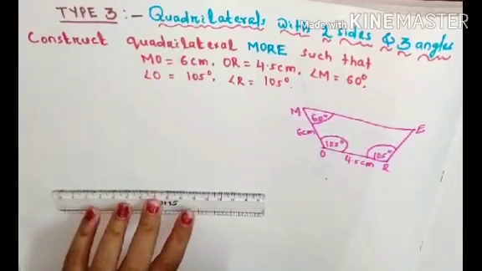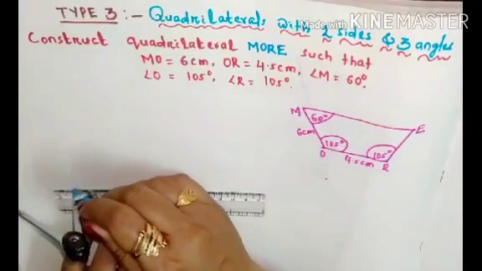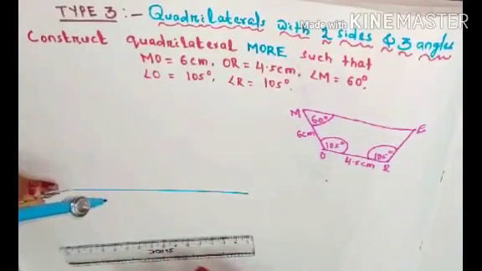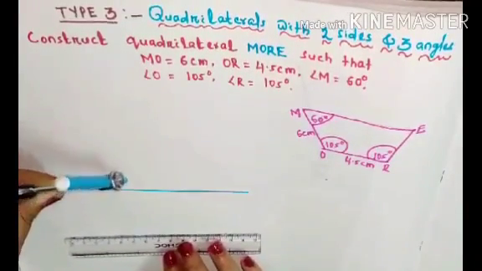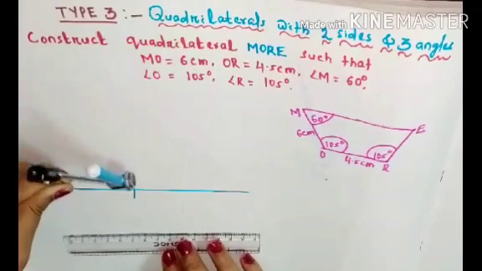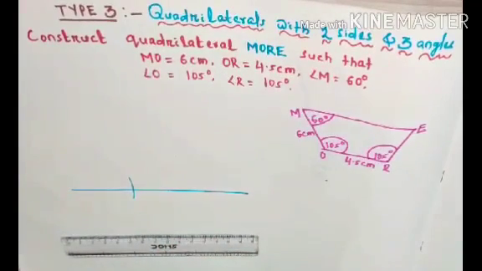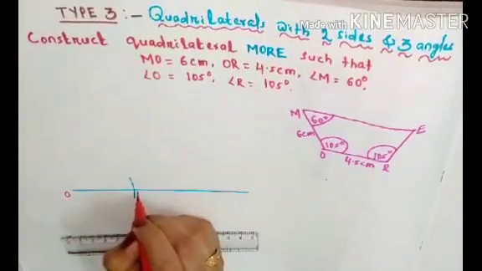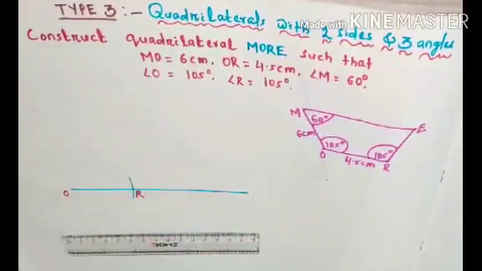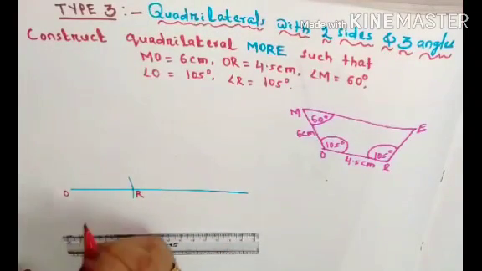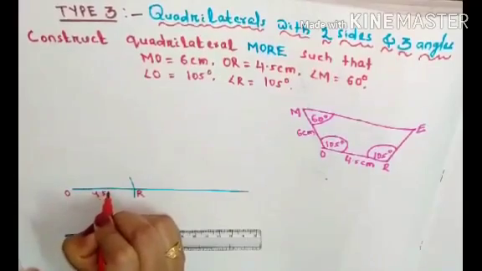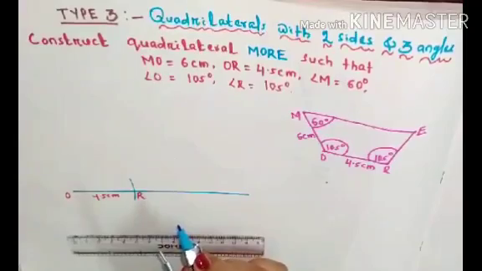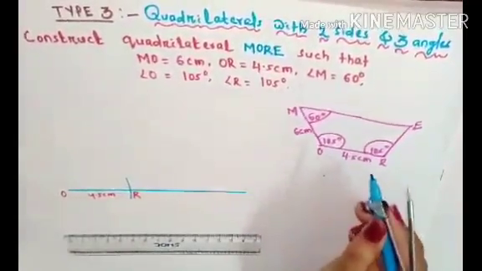So here draw a line segment and, taking this point as your center, draw an arc of 4.5 centimeter and name the point O, and this point is your R, and this is your 4.5 centimeter.